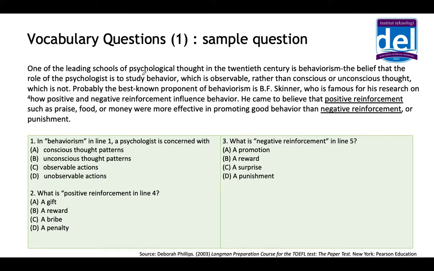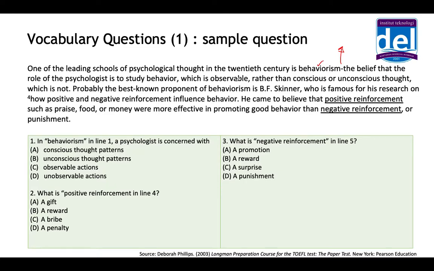One of the leading schools of psychological thought in the 20th century is behaviorism. So the word behaviorism is here. And with the dash after behaviorism, this is the structural clue: the belief that the role of the psychologist is to study behavior which is observable rather than conscious or unconscious thought, which is not.